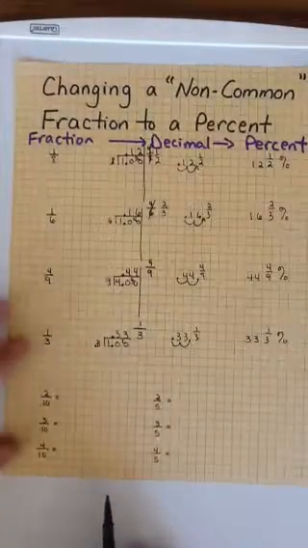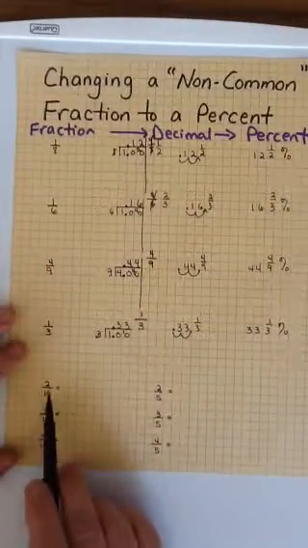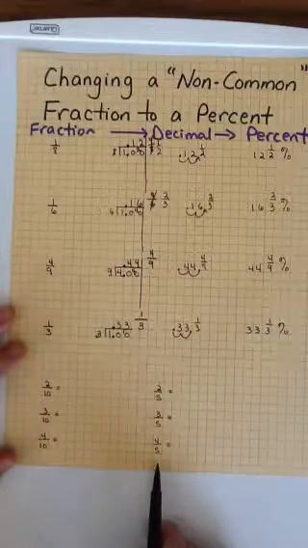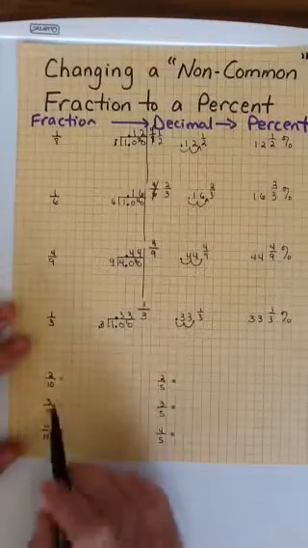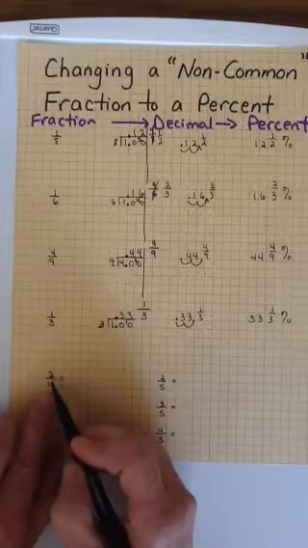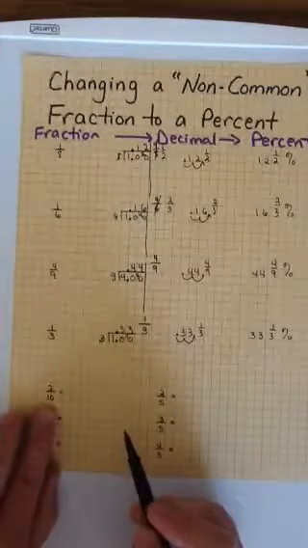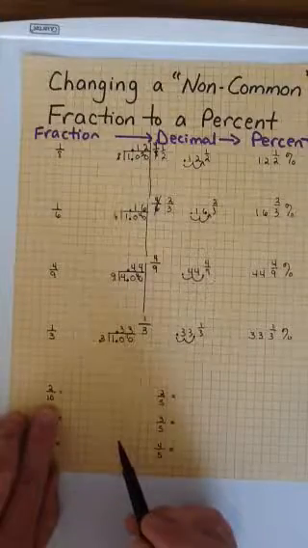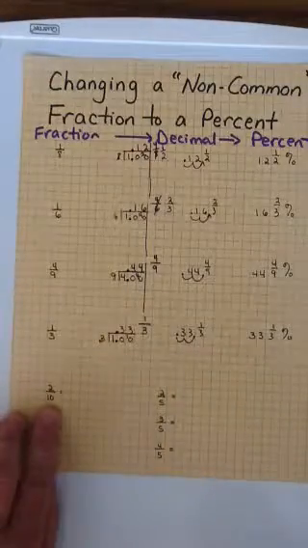I also wanted to take a look at a few more fractions down here, starting with 2/10. Now, 2/10 is not on your list of simple fractions, is it? But 1/10 is.